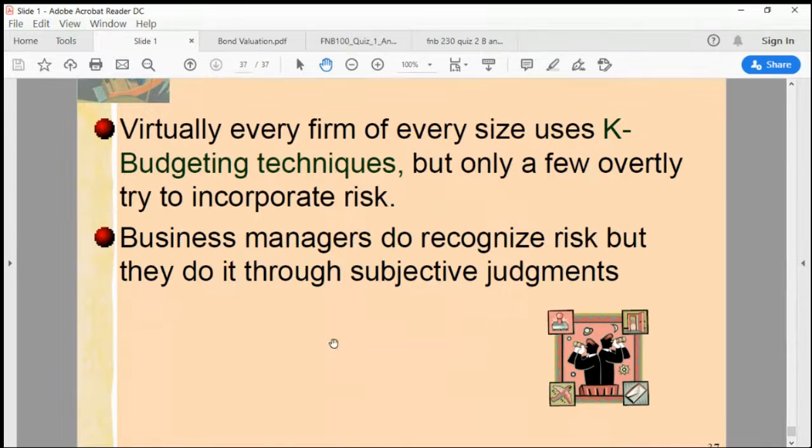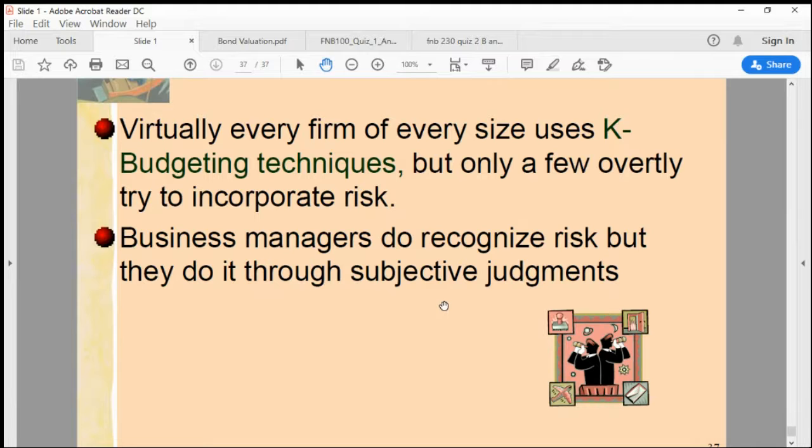It can become a loosey-goosey picture. Now, business managers do recognize risk, but they do it through subjective judgments. That's generally what they call experience, management's insight. That is the reality. But that's rather like a rule of thumb.